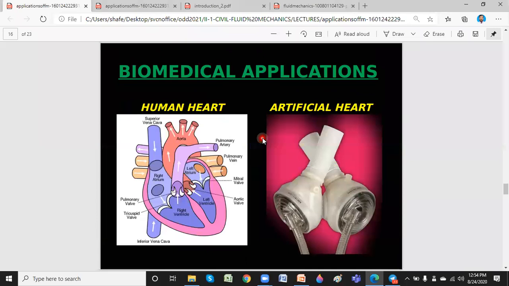Right. Now you see another application, a biomedical application of fluid mechanics: the human heart. Yes or no? Because in the human heart you have blood flowing inside the body, and you are all aware nowadays of what is meant by heart strokes, what is meant by blood pressure, etc. Why do you say high blood pressure or low blood pressure, and the pumping of blood?